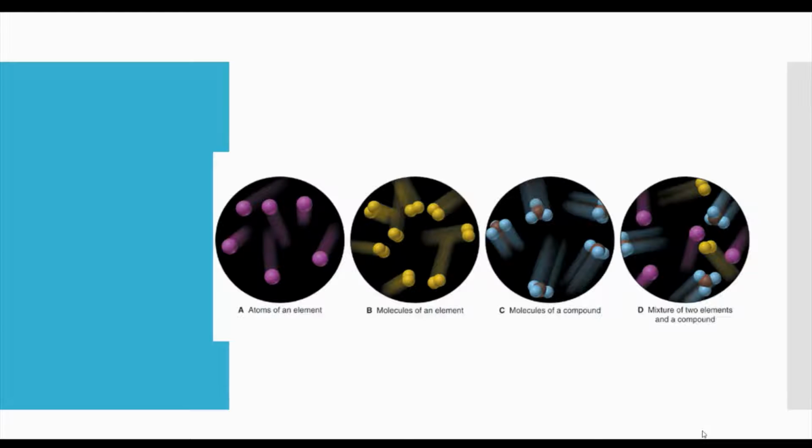Now, in chemistry, we distinguish these three things that we call pure substances from mixtures. So on the far right, for letter D, you can see an example of a mixture which has lots of different kinds of particles in it.